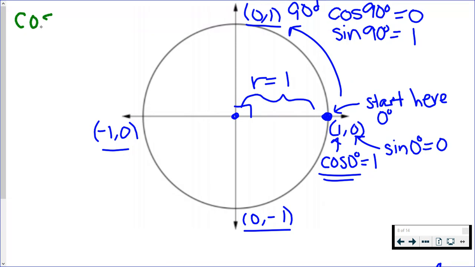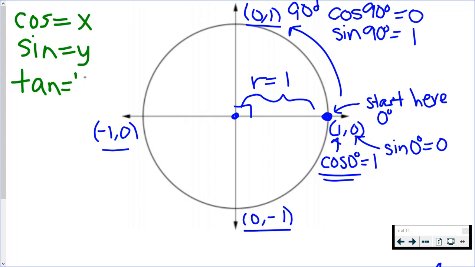Cosine is x, sine is y, and I went over this in the last video. Tangent is y divided by x. So we're going to talk about whether cosine, sine, and tangent are going to be positive or negative in each quadrant. Because if you know that from memory, it'll be very helpful down the road.